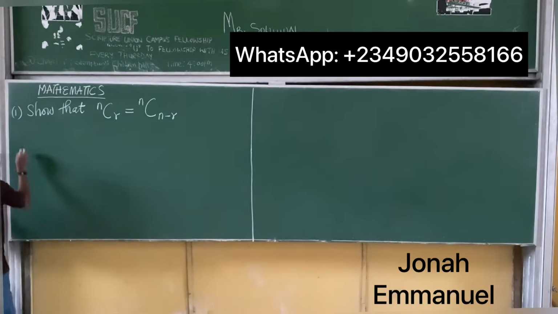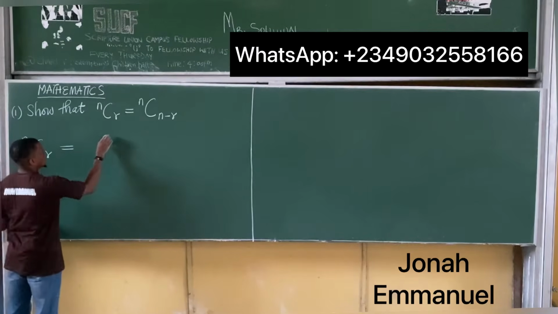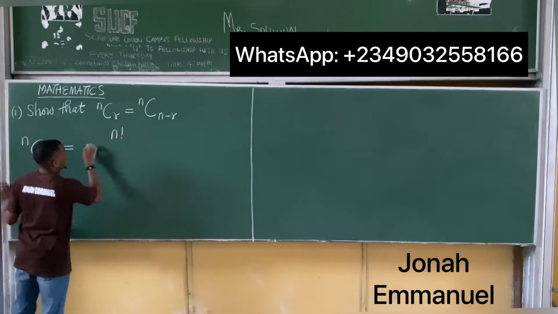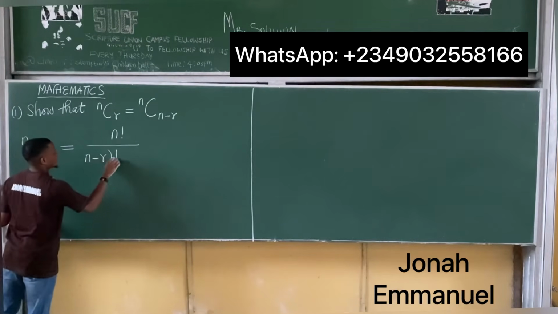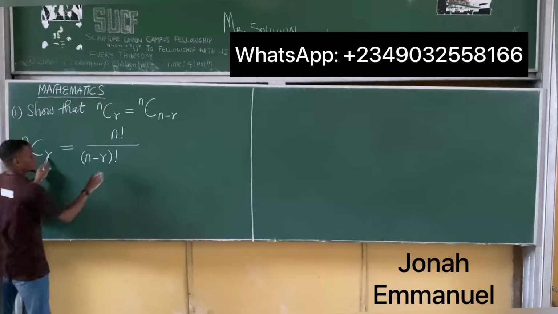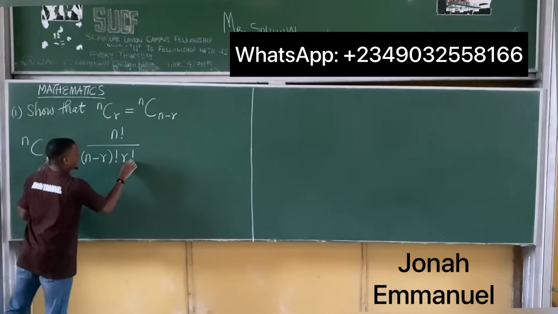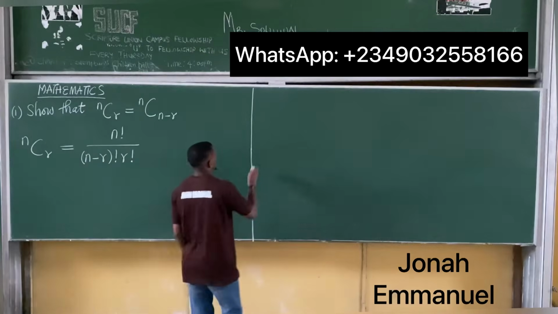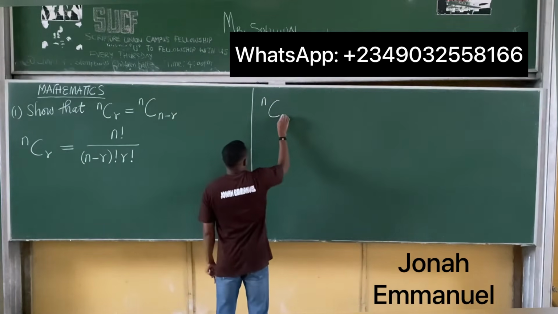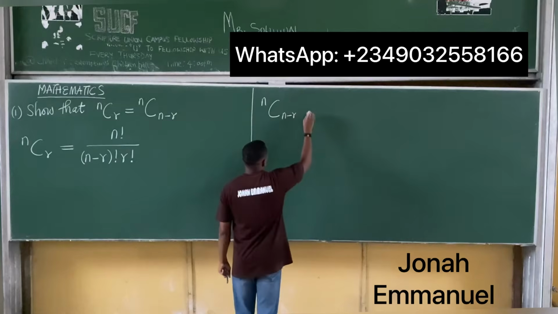This one first, I have n combination r. This is equal to, from what we know, n factorial all over n minus r factorial, and then r factorial. All right, let's get for this now. This one here would have n combination n minus r. What do we get there?